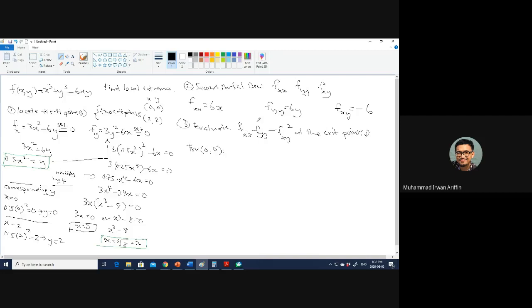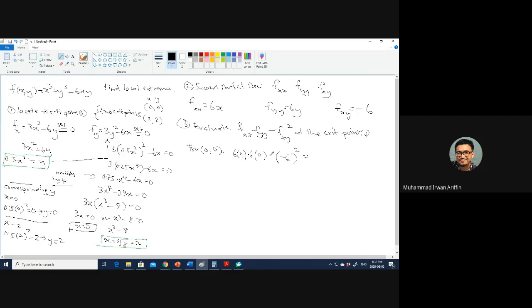So what is our f sub xx when x equals 0? It is 0, right? So this would be 6 multiplied with 0, and then multiplied with 6 multiplied with 0, minus, okay, and our f sub xy is negative 6. So be careful when you write this with the negative sign, especially squared.